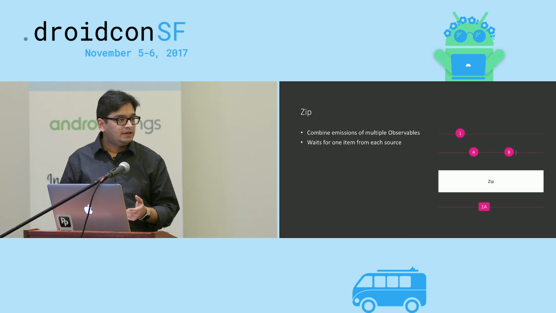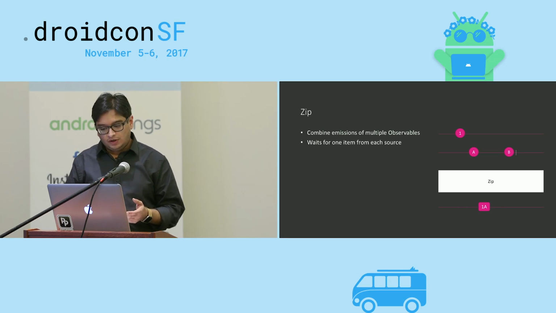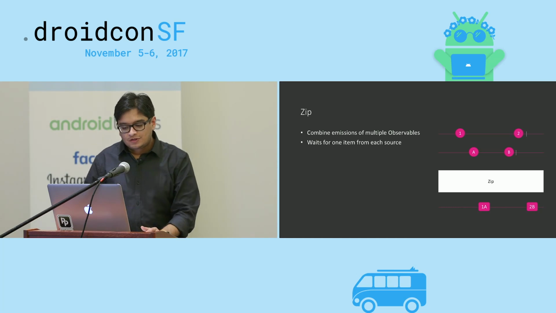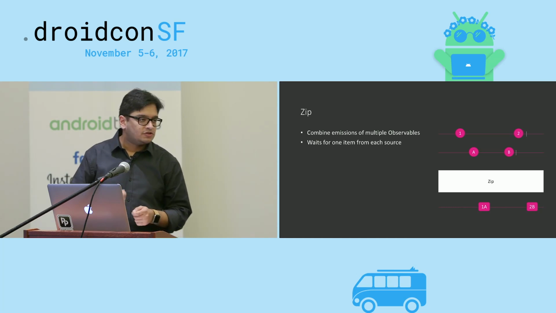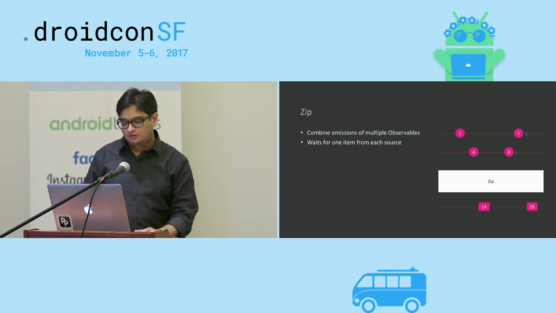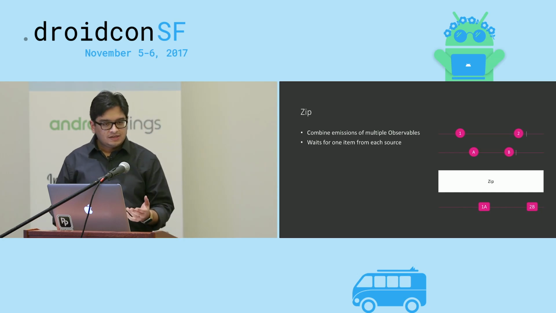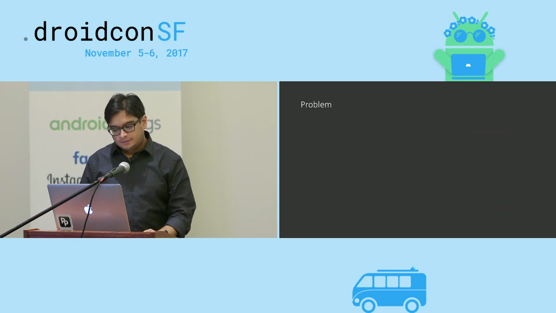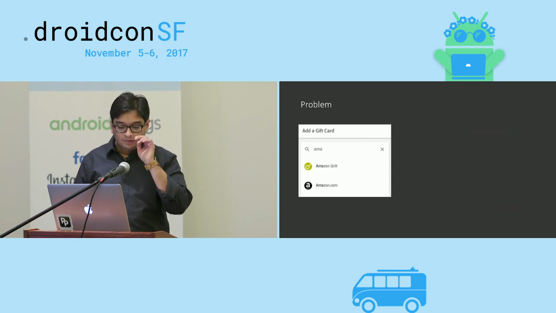It's going to wait until it gets the item from source 1. As soon as it gets that, it lets you apply a transformation. So the zip operator works simply like a zipper, where it's going to wait for an input from both ends and then lets you provide a transformation. So let's take a step back and see how easy it is to use this operator and get the work done.